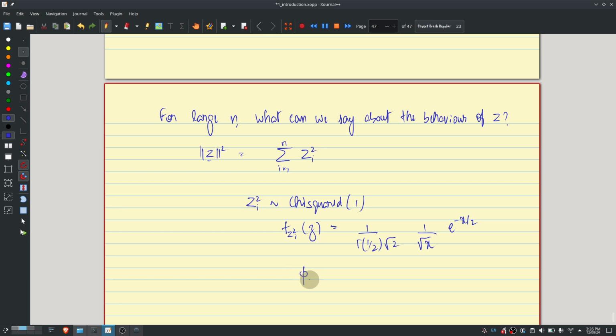and the moment generating function of zi square is equal to 1 over 1 minus 2t, whole to the power half, for t less than half.